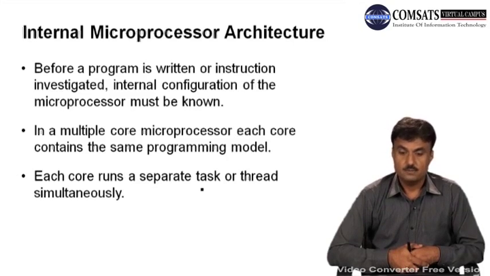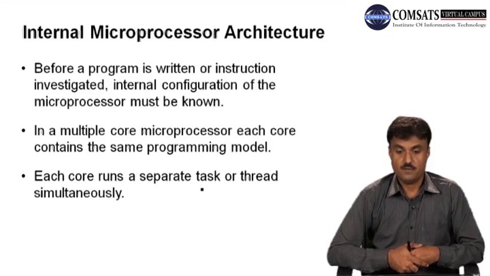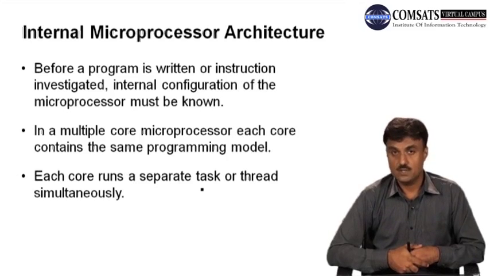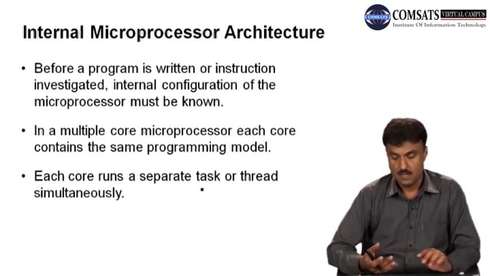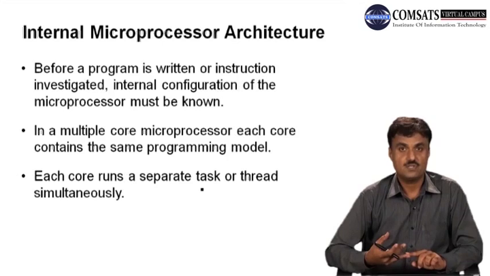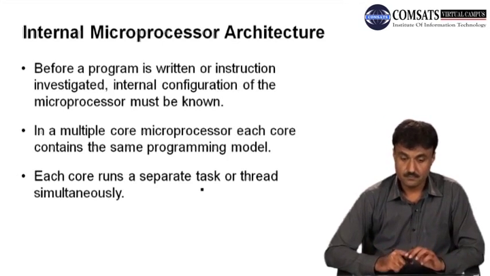If we want to program, to instruct a computer, to write a program for any computer, and run our instructions on any microprocessor, its internal configuration must be well known. That means whatever the internal configuration is, like the memory interfaces, how memory is connected, what the internal registers are, and what the purpose of each register is, and so on.